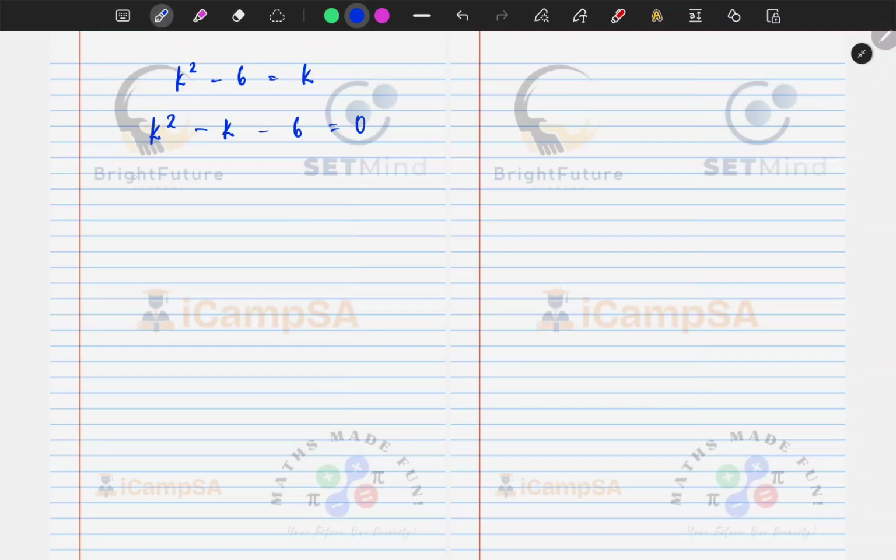So now we open our bracket. It's going to be k, this is going to be negative, and here it's going to be positive. So if we say negative 3 plus 2, it's going to give us negative 1.